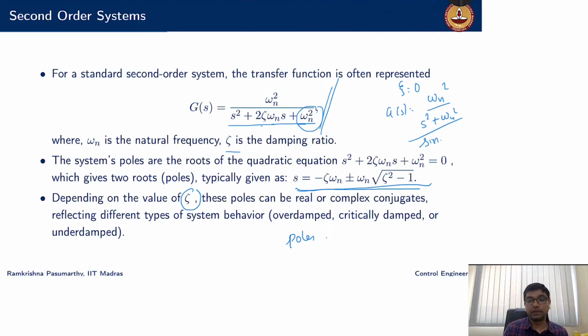It can be purely real, purely imaginary, or complex. Each of these values of zeta will define whether the system is overdamped, critically damped, or underdamped. So now we will see, pictorially and intuitively, what overdamped, critically damped, and underdamped mean, and how they relate to this damping coefficient called zeta.